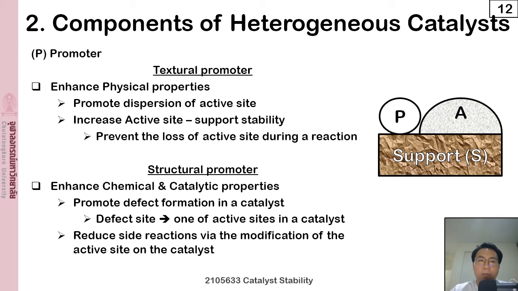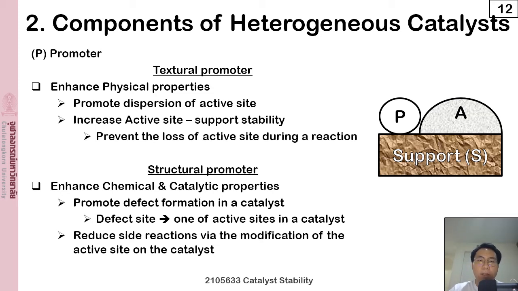Next, the structural promoter. It enhances chemical and catalytic properties. For example, they promote the formation of defects on the catalyst. If you compare the perfect surface with the defected one, although the perception is that a defect will be less active than the perfect surface, in the case of catalysts, it's not.